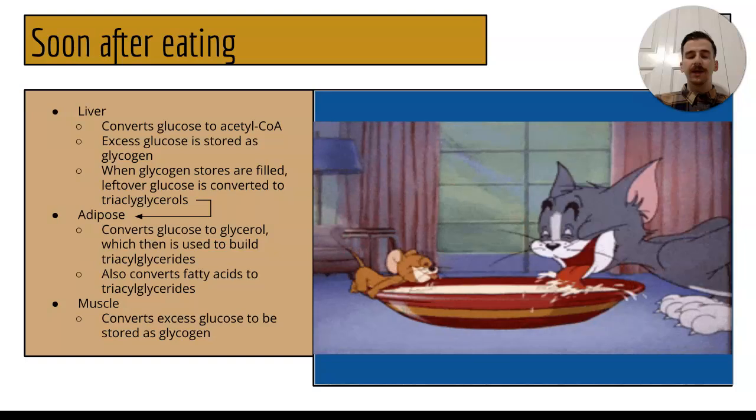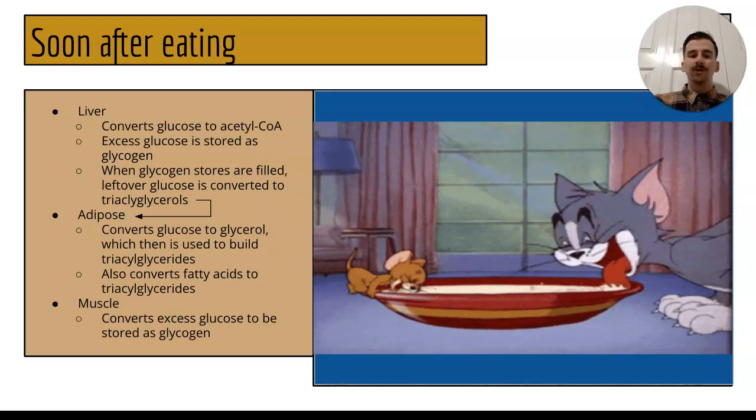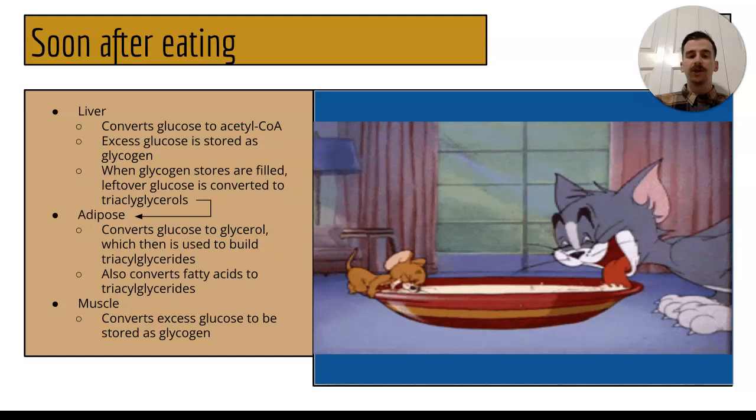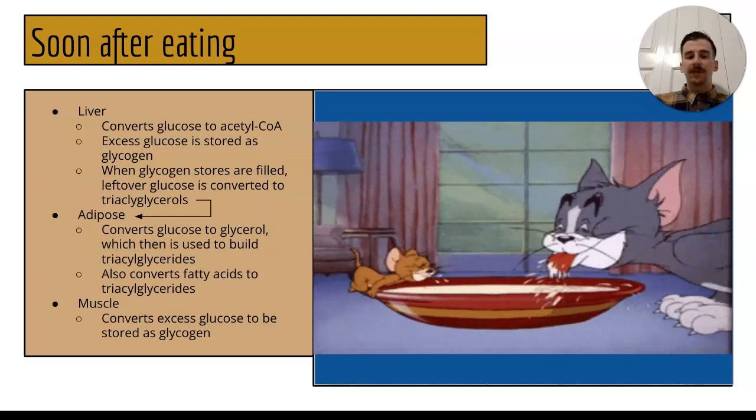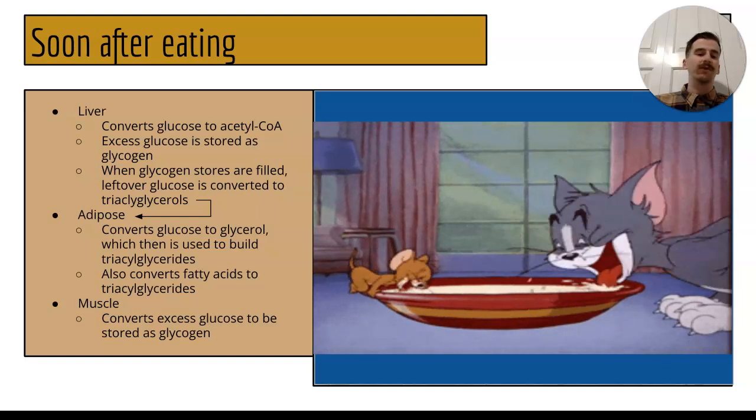So soon after we eat, we're going to use the glucose we need to have our energy, and then any excess glucose is first going to be put into glycogenesis, and we're going to build up our glycogen stores, but we have a limited amount of space for that. So once our glycogen stores are filled, it's going to convert whatever glucose is left into triacylglycerols.